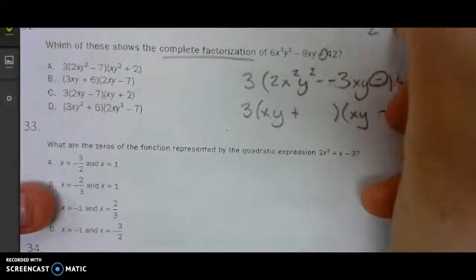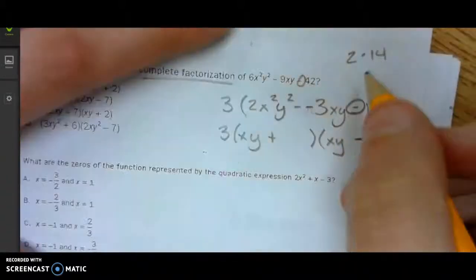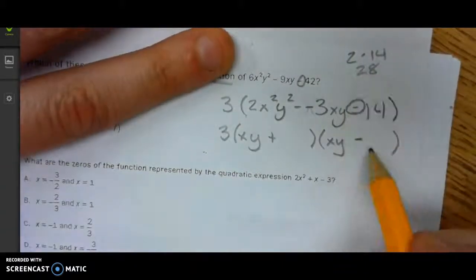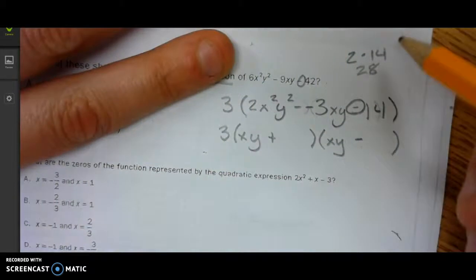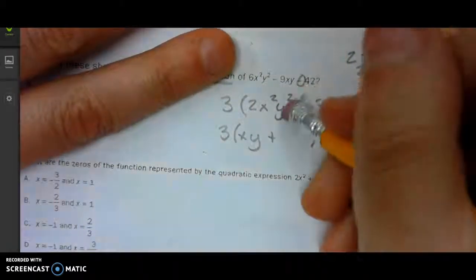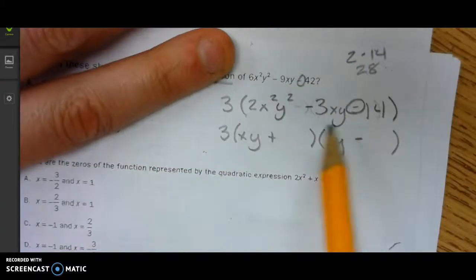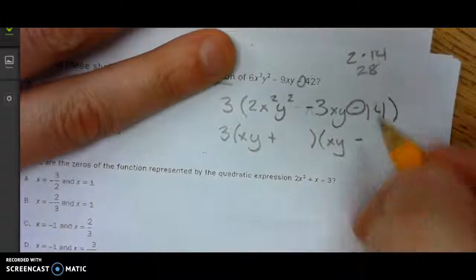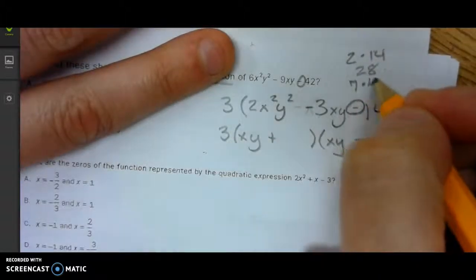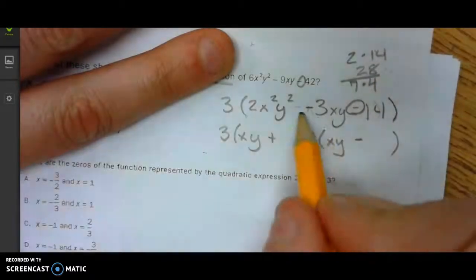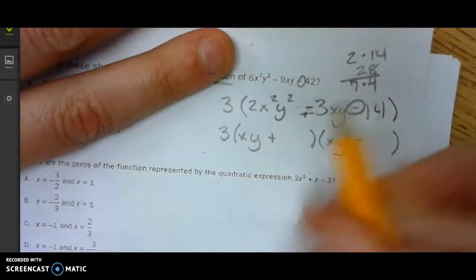So 2 times 14. That is 28. I'm going to find the factors of 28 that subtract to be 3. I think it's going to be 7 and 4, right? And I need the bigger one to be negative because this is negative.